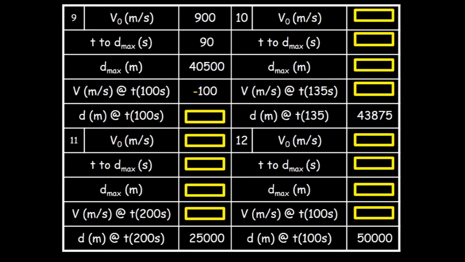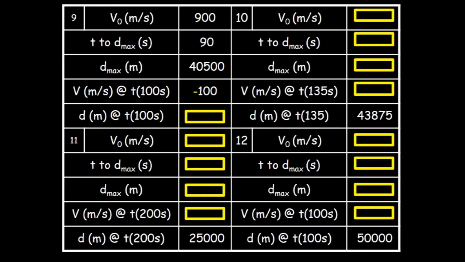The next one, the distance at t equals 100 seconds: at that time, v naught is 100 meters per second, and it's going to go until 180 seconds, so it's going to go another 80 seconds.